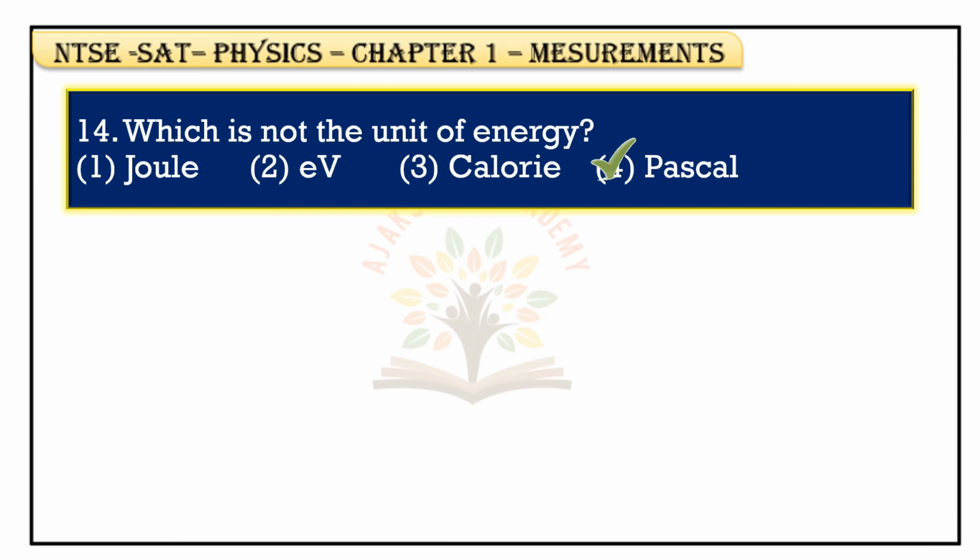Pascal is the unit of pressure. Force per unit area is the formula for pressure. So Pascal is the SI unit of pressure, while joule, electron volts, calorie are the units of energy in different forms. So which is not the unit of energy? Pascal. Pascal is the unit of pressure. Okay. So which option is correct? Fourth option is correct.